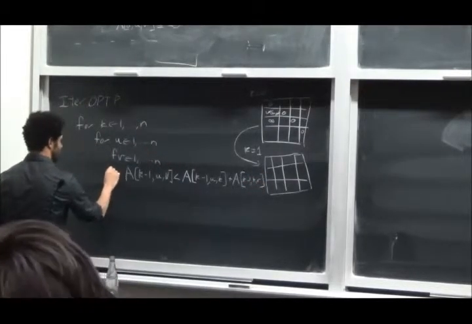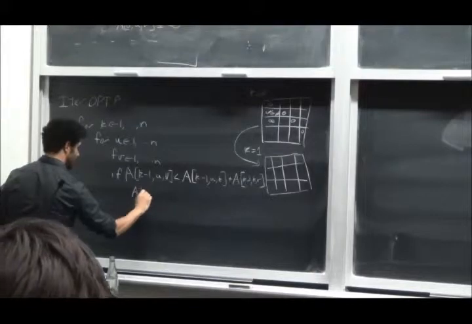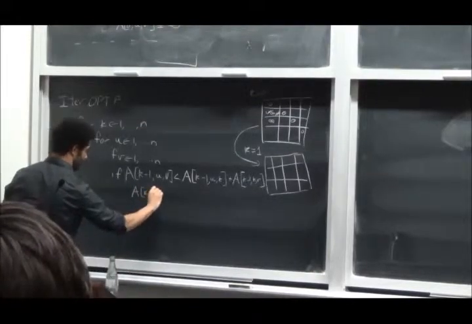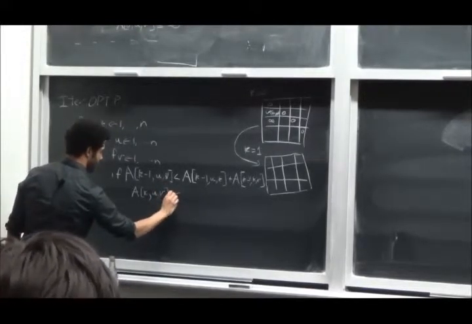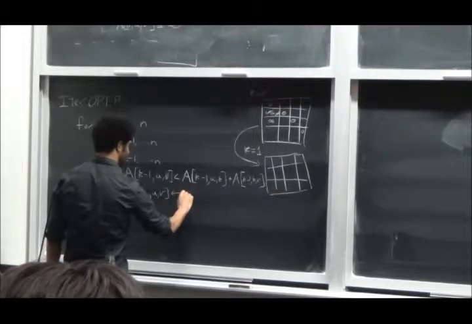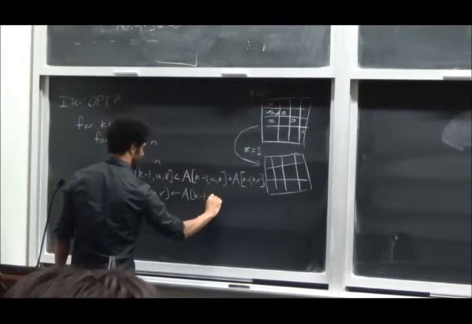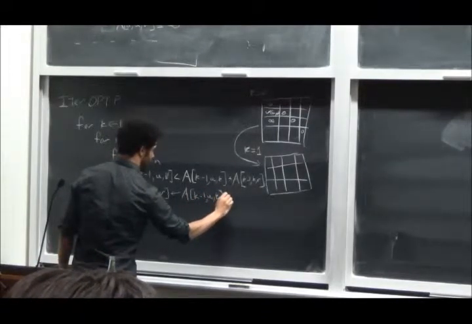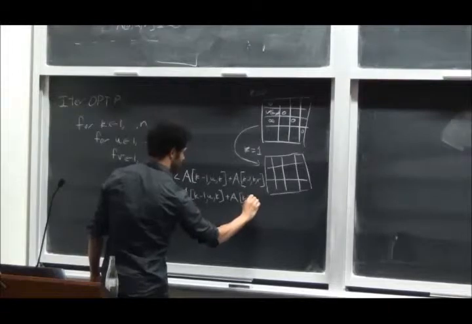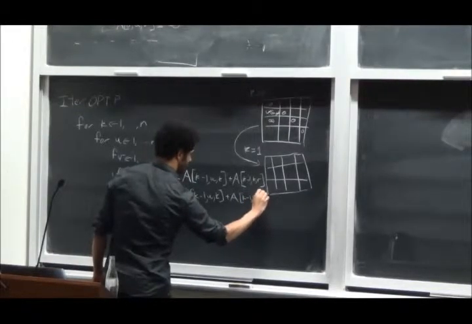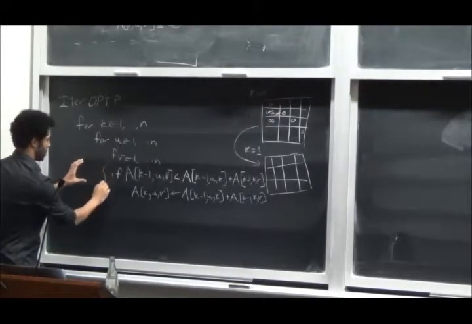Then, if so, you assign your k value. Just this. So, does this part make sense to people? Because this is kind of the important bit here.